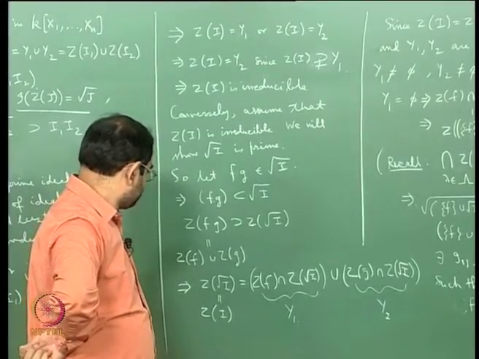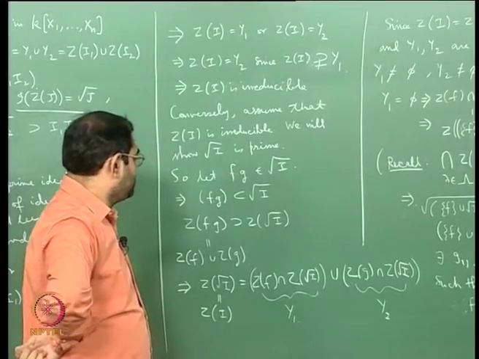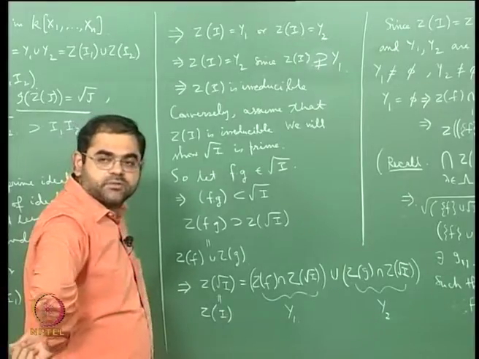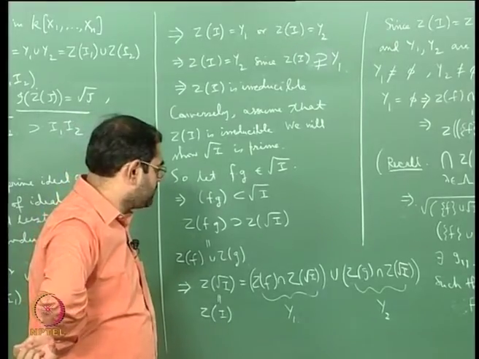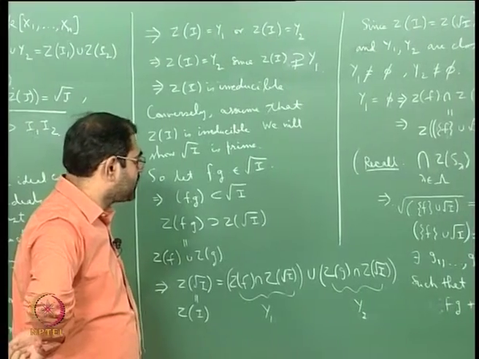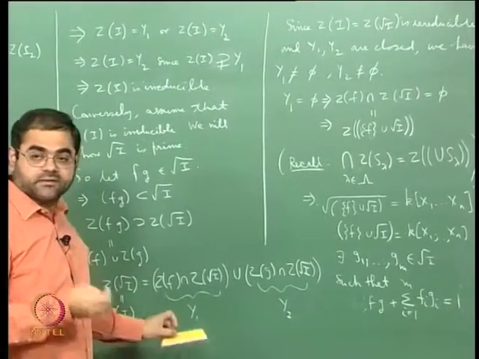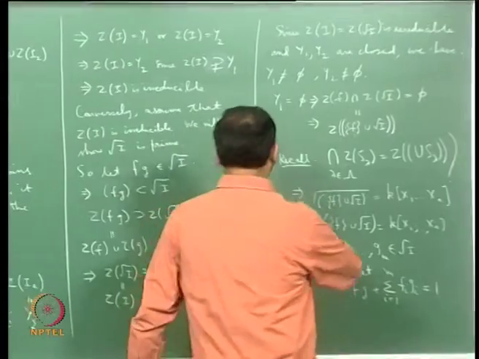So if you apply I on both sides, you will get g belongs to the radical. So probably this is not required. You are right. Let me get rid of this.